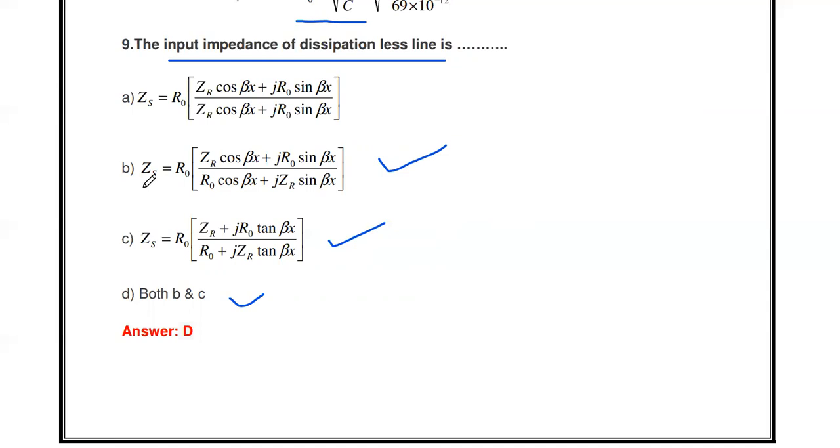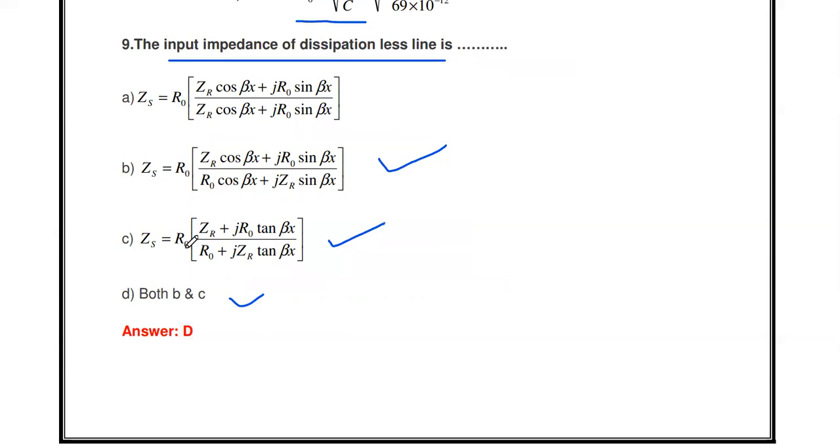So B, you see the input impedance ZS is equal to R naught ZR cos beta X plus j R naught sin beta X divided by R naught cos beta X plus j ZR sin beta X. Okay, this is one more formula. From this formula, if you take cos beta X outside from both numerator and denominator, we will get one more formula in terms of tan.